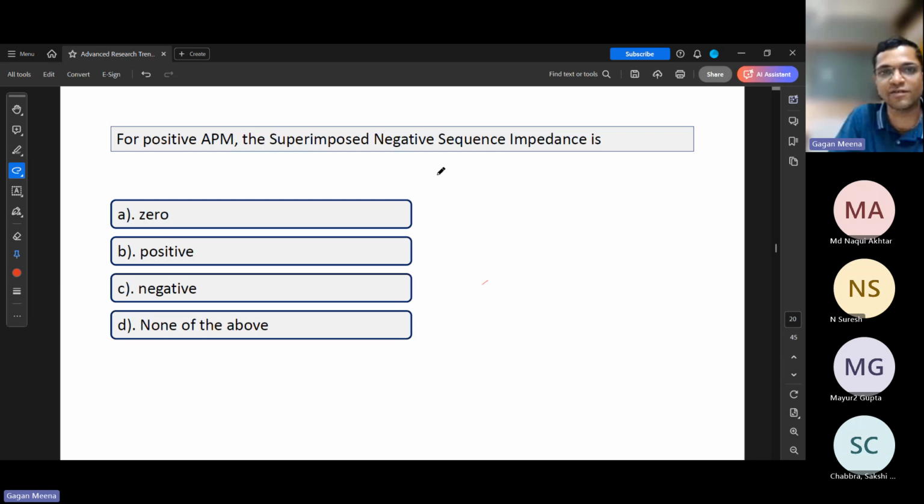How will you tell this part? Z2 minus Z2 pre. So what will this be? Superimposed negative sequence impedance for a positive active power mismatch.